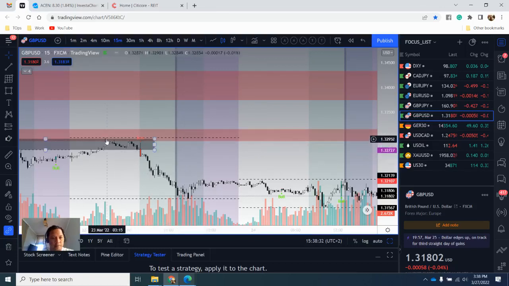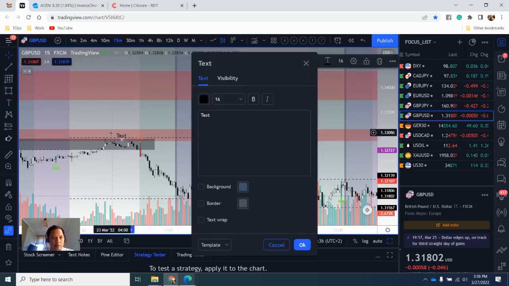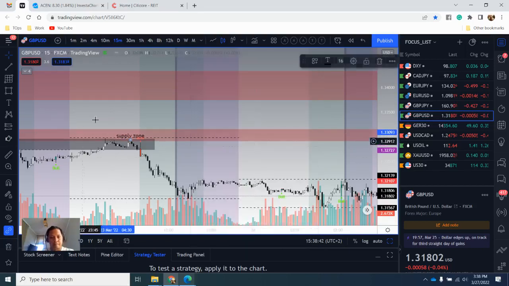After it taps the supply zone where there is that order block, it taps once, and then twice, and then the third time, heading to the London Open, the short opportunity came.